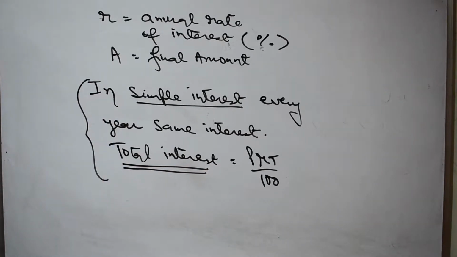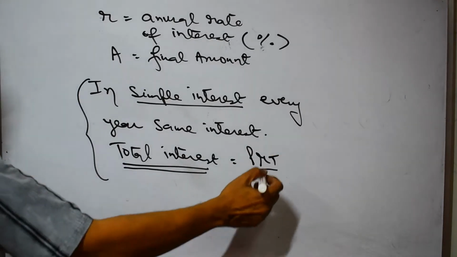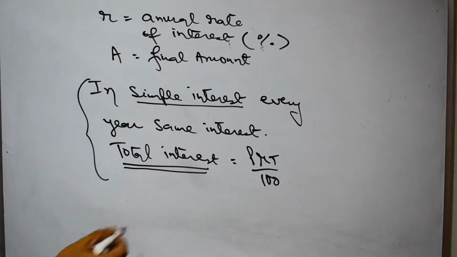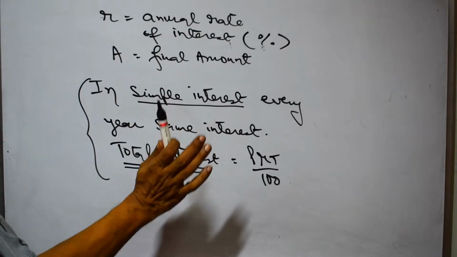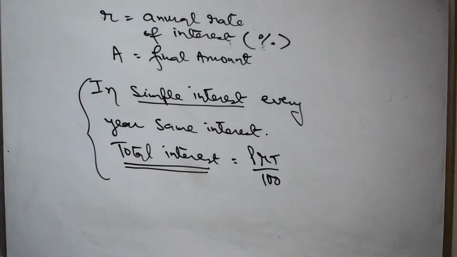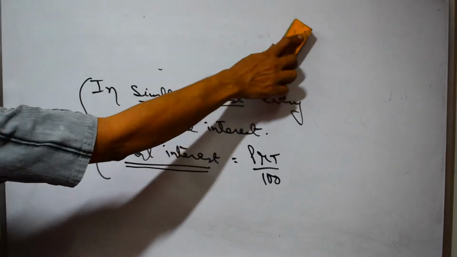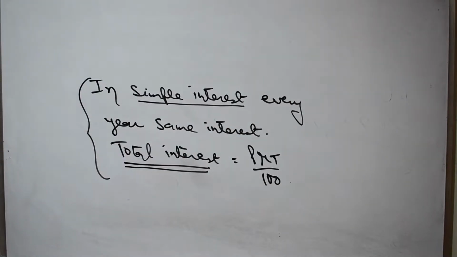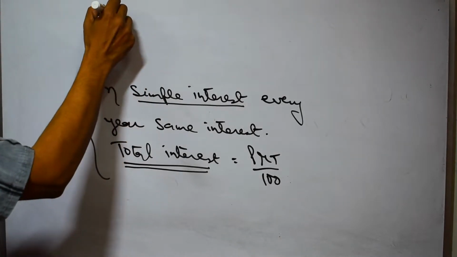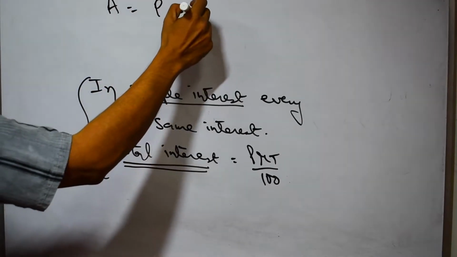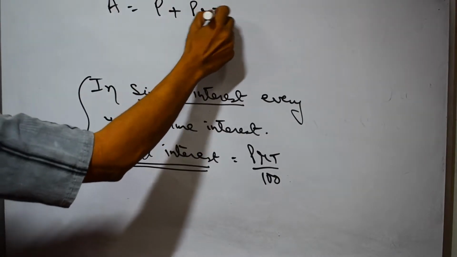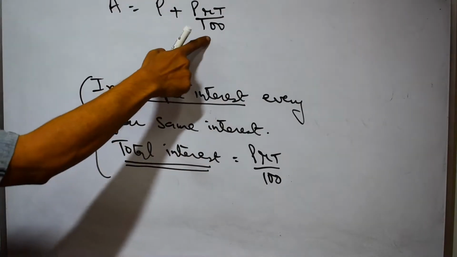After time period T years, at rate of interest R% annually, where P is the principal, the total interest will be PRT by 100. So the final amount after T years will be A, that is principal plus PRT by 100. That means initial value plus interest.